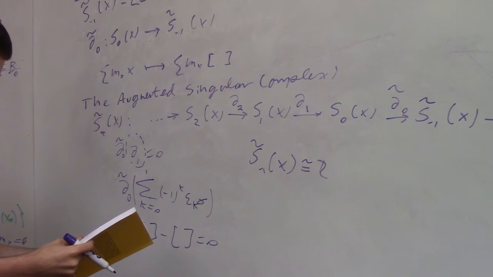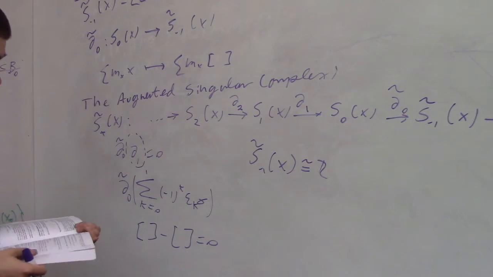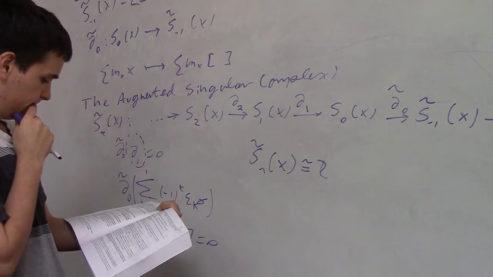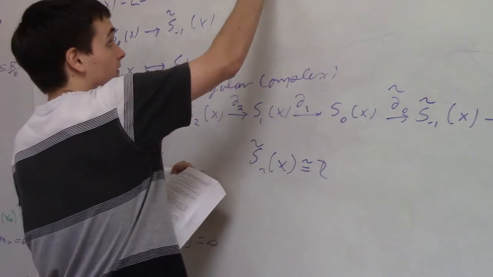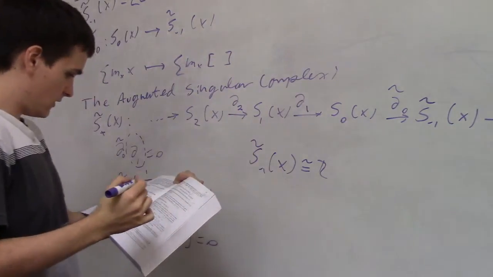It's interesting. So what else? I guess we have a definition. So then they define reduced homology groups.